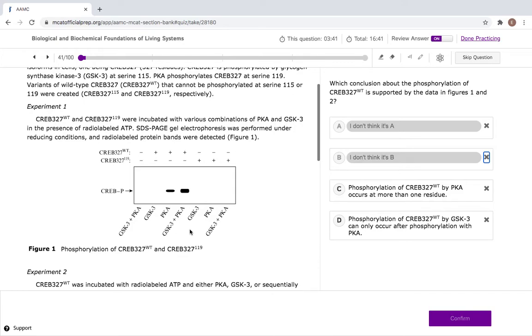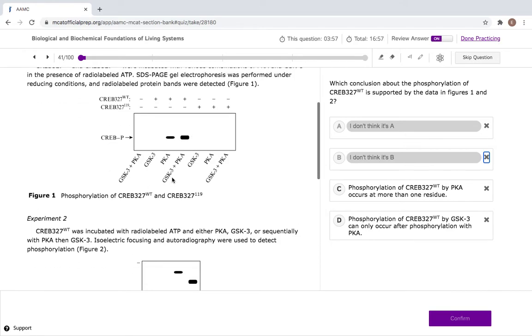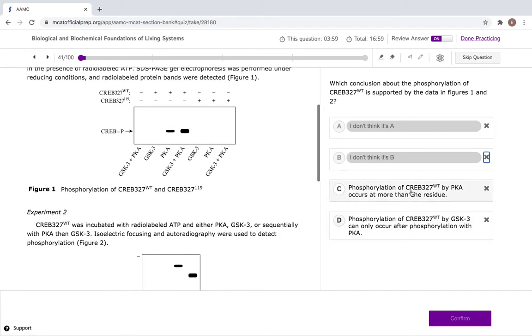Maybe. But that's not what these figures are talking to me about. These figures want to know about phosphorylation of CREB wild type, if GSK or PKA is better. GSK, PKA. What about both? What happens when we put both in there? There's not much evidence to support this. So this is not a good answer. But I won't exit out.